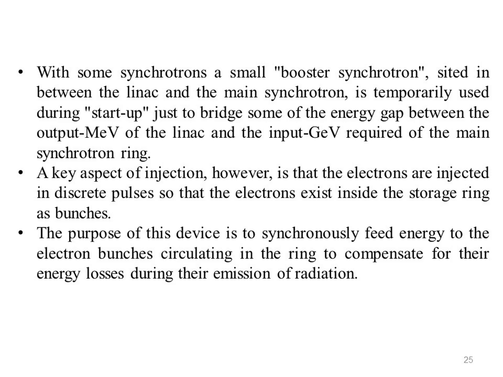A key aspect of injection, however, is that the electrons are injected in discrete pulses so that the electrons exist inside the storage ring as bunches, typically 1 or 200 bunches distributed around the whole ring. This is essential for an effective action of another synchrotron component, a radio frequency generator or cavity, of which there could be several around the ring.